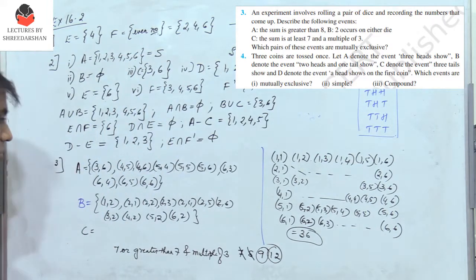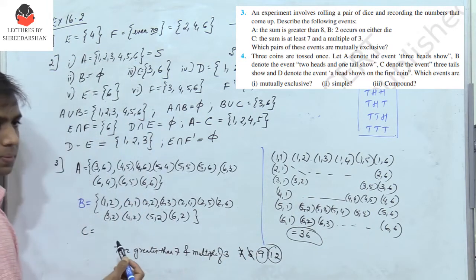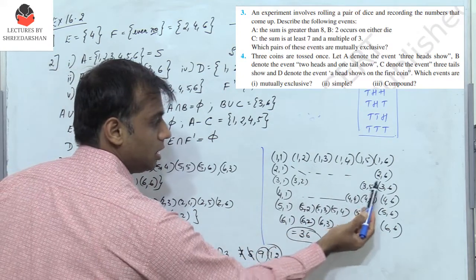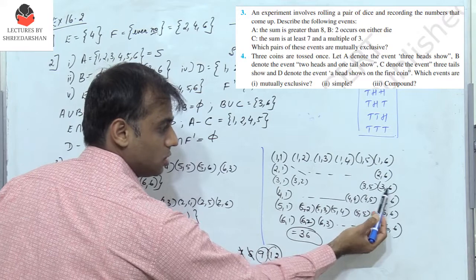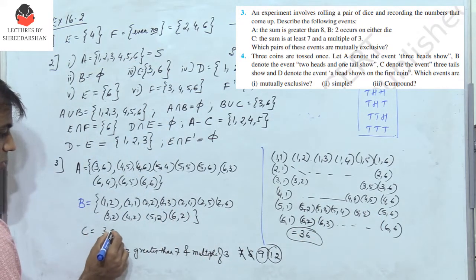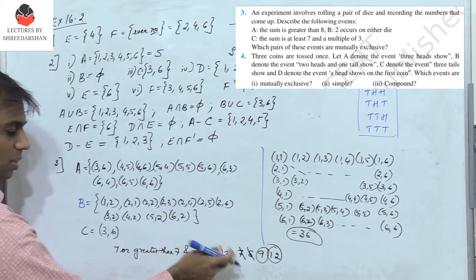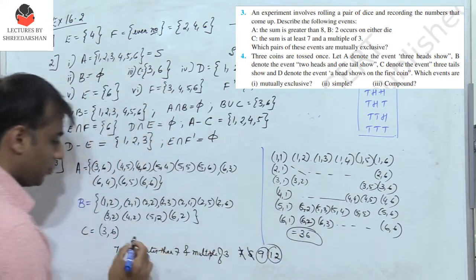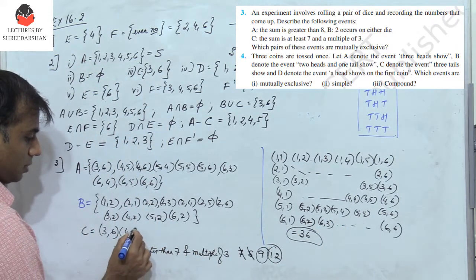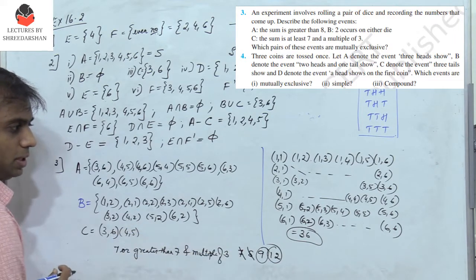Right. So now how do I define it? I have to check all the combinations which when added give me 9. So till here I will not get 9, because 6 plus 2 is 8. So here I have (3,6). 3 plus 6 is 9 and is a multiple of 3. Next, in the fourth row I have (4,5), which is 9 and a multiple of 3.